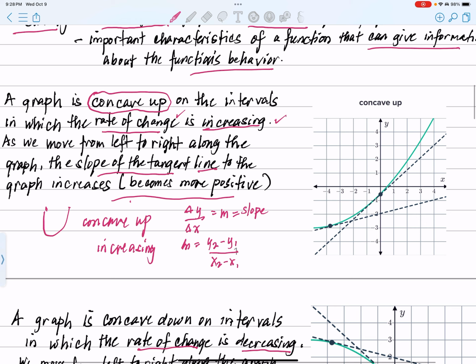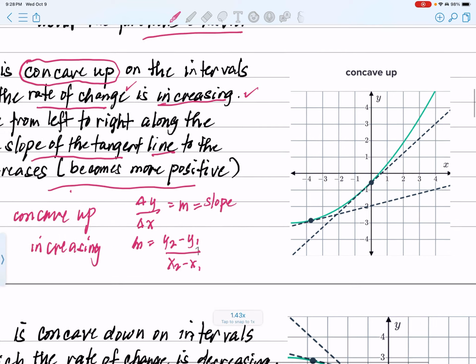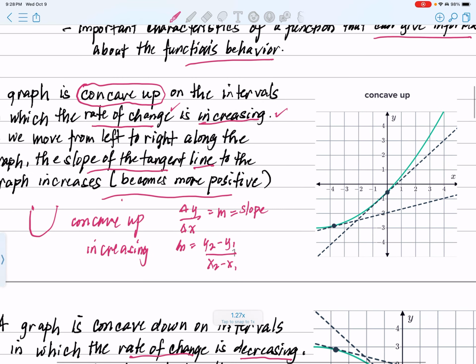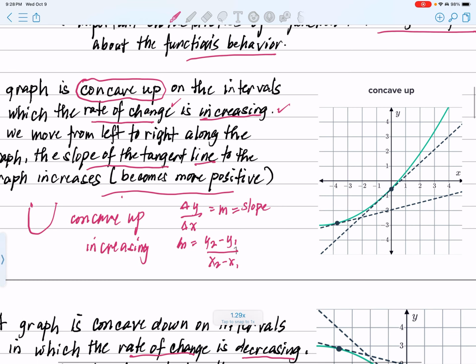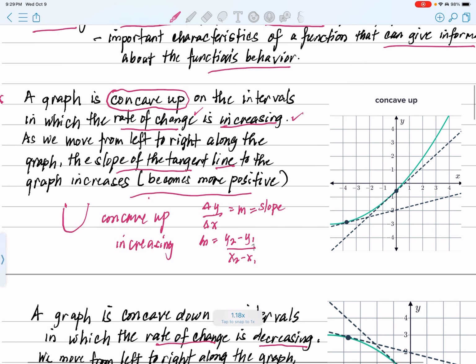Okay, let's look at this graph. If you look at this graph right here, there is a line, let's say through this point, that just touches the point on the graph.